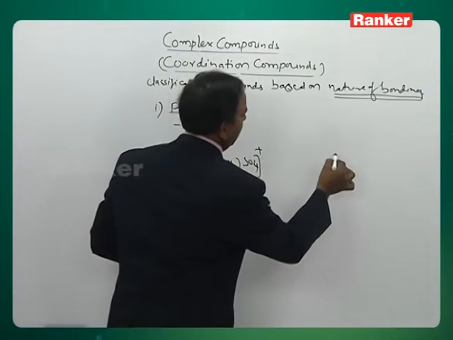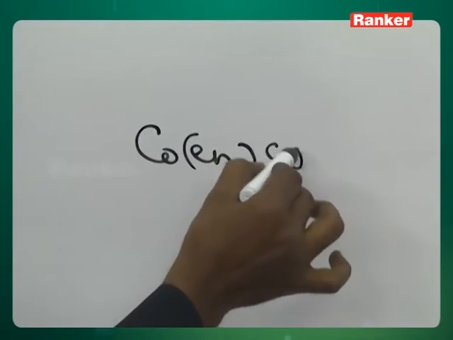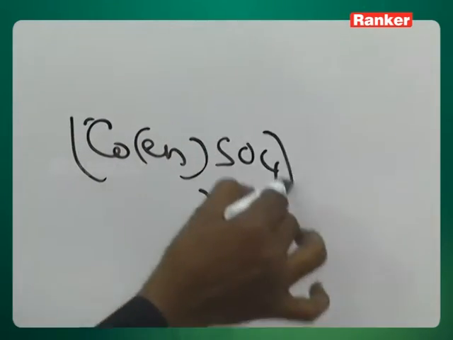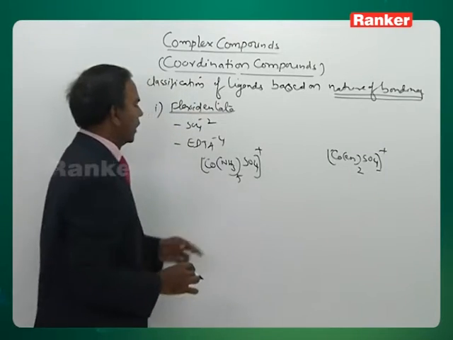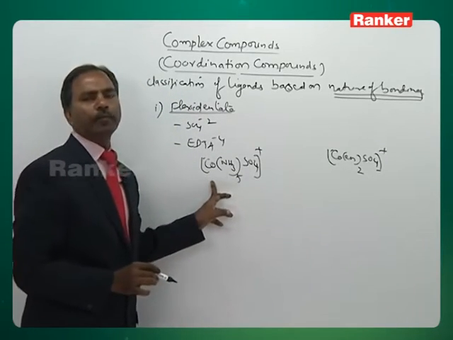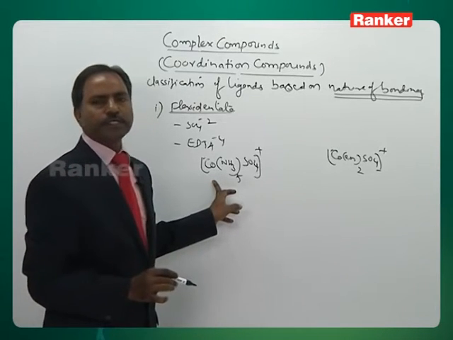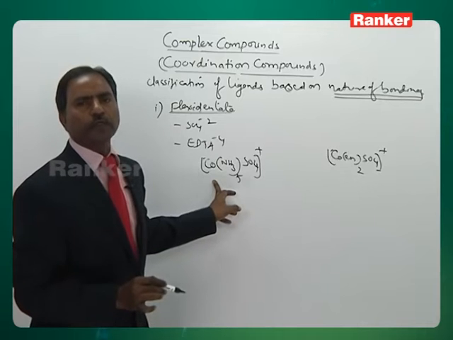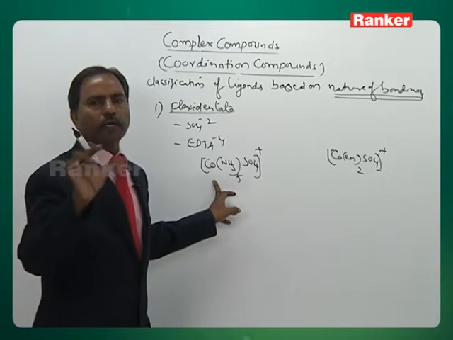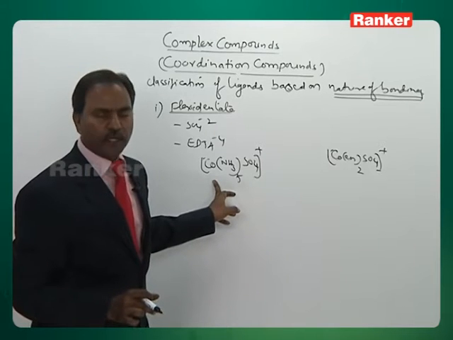One more complex I am writing on the board: Co(en)2 with SO4, again plus 1. In both of these complexes, cobalt is in the +3 oxidation state. With +3 oxidation state, cobalt can form a total of 6 bonds around it. The maximum coordination number of cobalt(III) ion is 6.